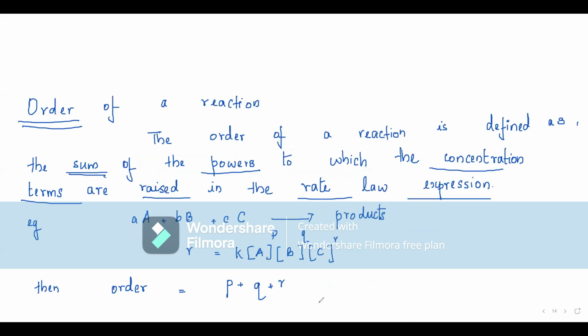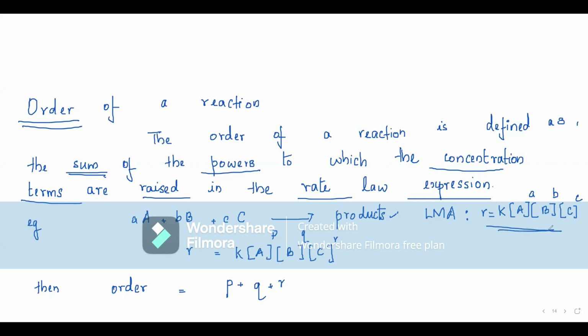Now let us look at this hypothetical reaction. I have taken a moles of A, b moles of B, c moles of C. They are reacting together to give us some product. According to the law of mass action, let me write LMA, R should be K into [A] to the power of a, into [B] to the power of b, into [C] to the power of c.